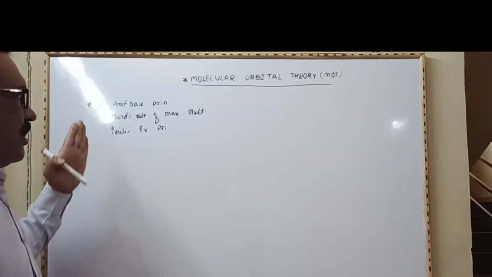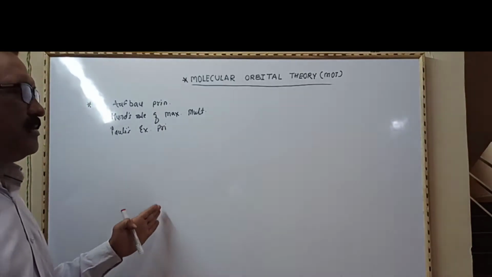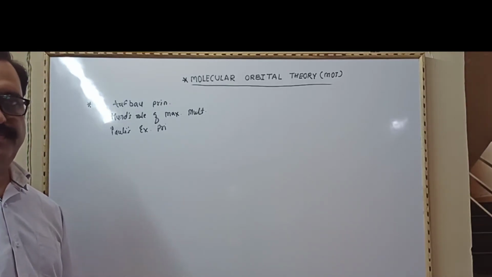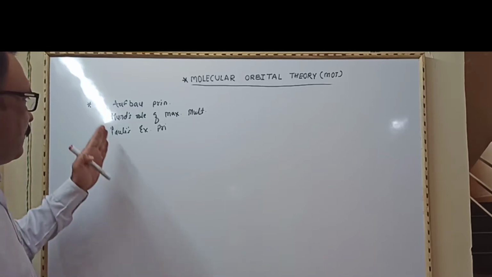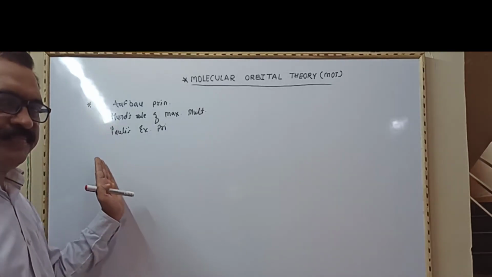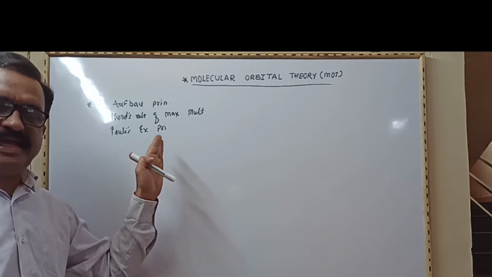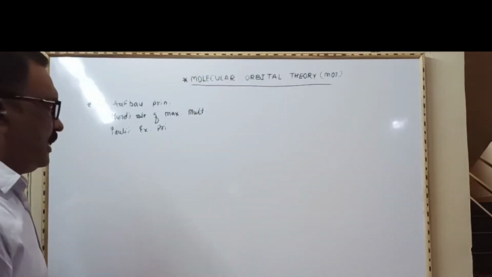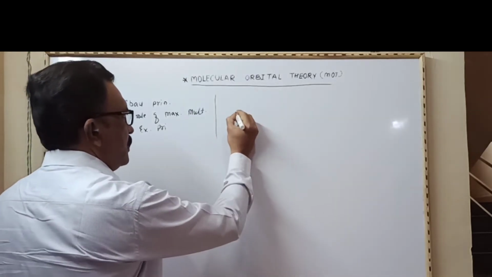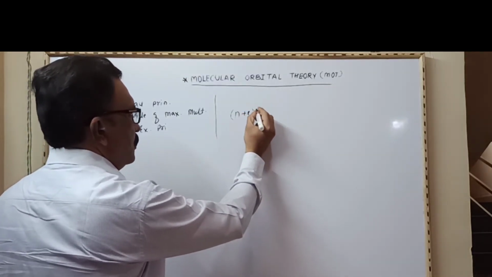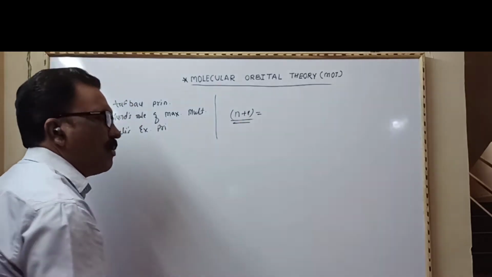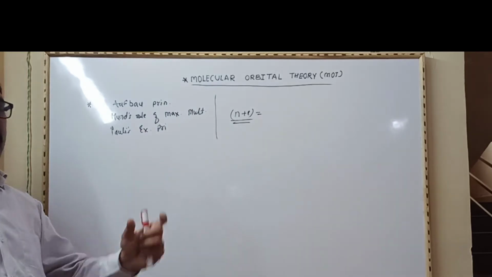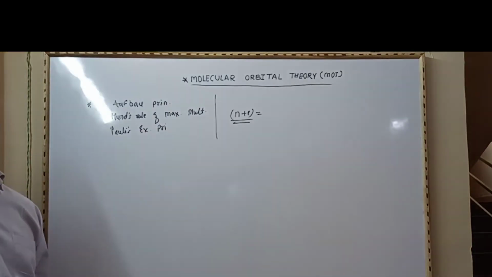All these laws are applicable for the filling of electrons in a molecule also. With the help of these principles, we can write the electronic configuration of a molecule. Here, only the Young plus Young rule is not applicable while writing the electronic configuration of a molecule.